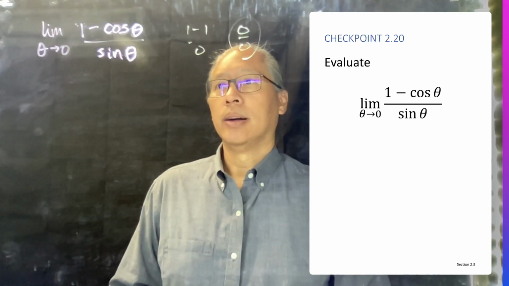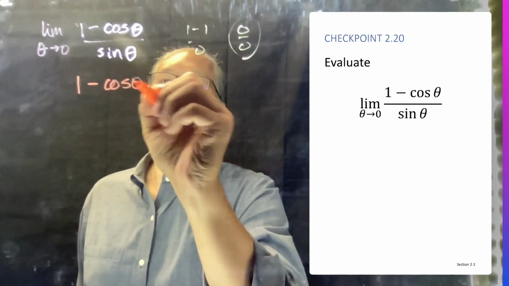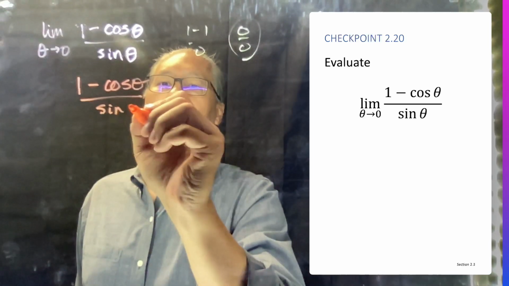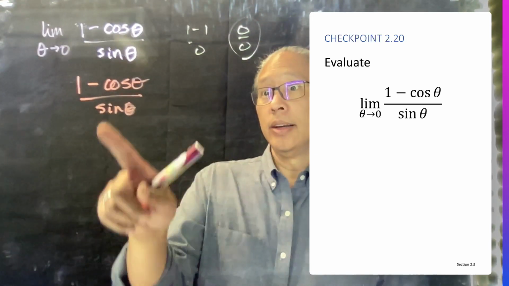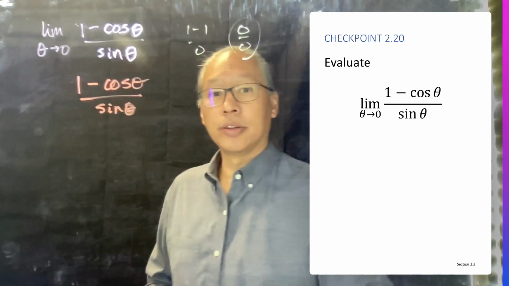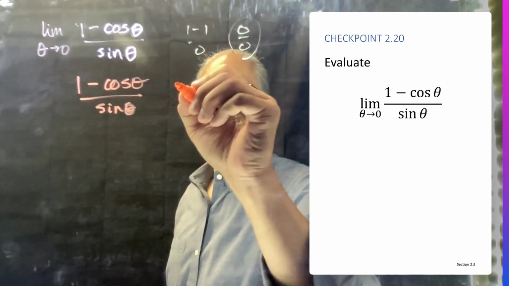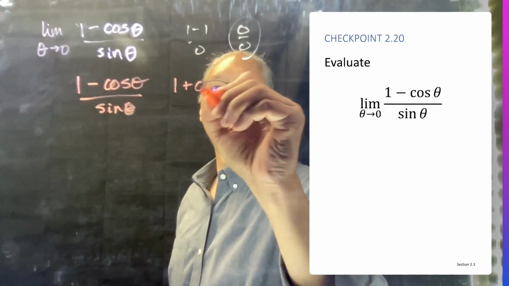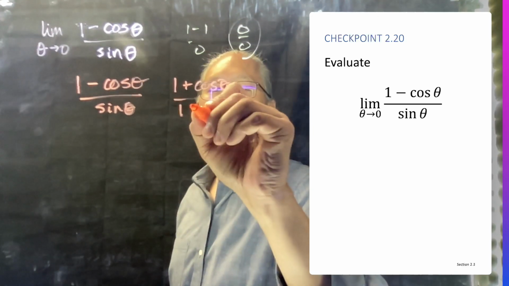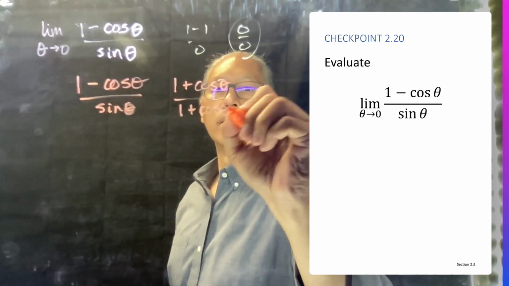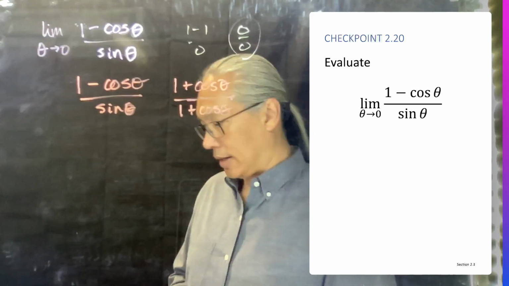What we're going to do is, when we have a 1 minus cosine theta on top, sine theta in the bottom, this looks very close to the Pythagorean identity, and we can get to the Pythagorean identity by multiplying by 1 plus cosine theta, and this will give us the difference between two squares, and that will give us a 1 minus cosine squared theta, which is a Pythagorean identity.